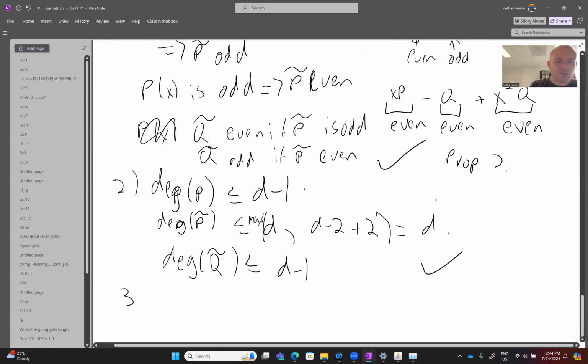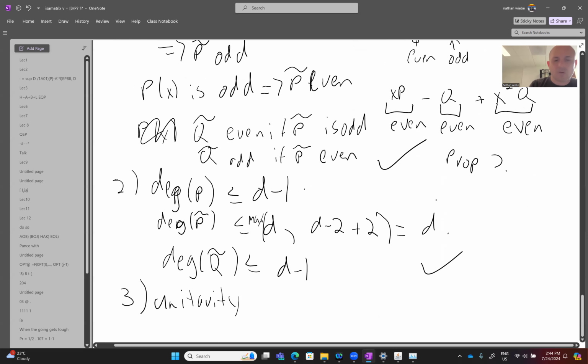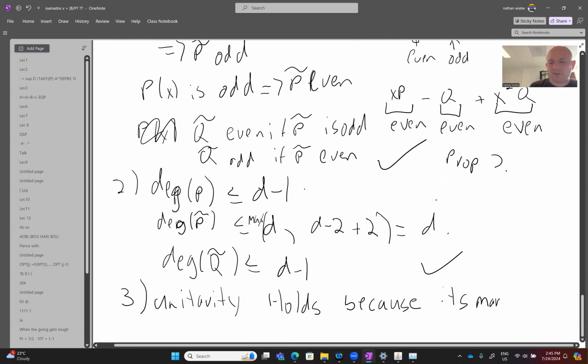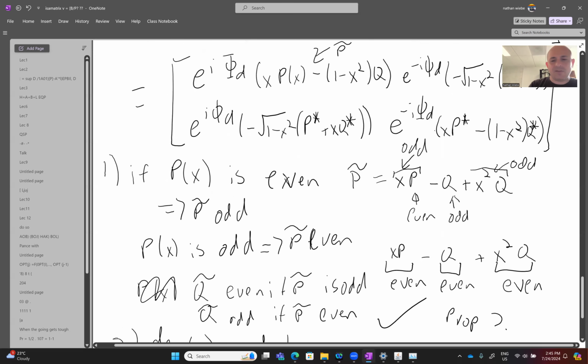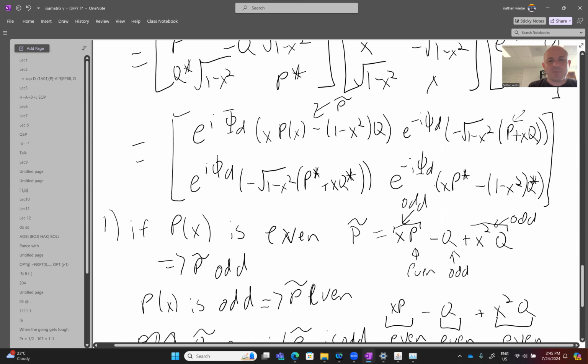The third one, which is unitarity, holds because it's manifestly unitary. As I said before, it has to hold because the function is built already inside a unitary matrix. So we don't even need to worry about checking that.